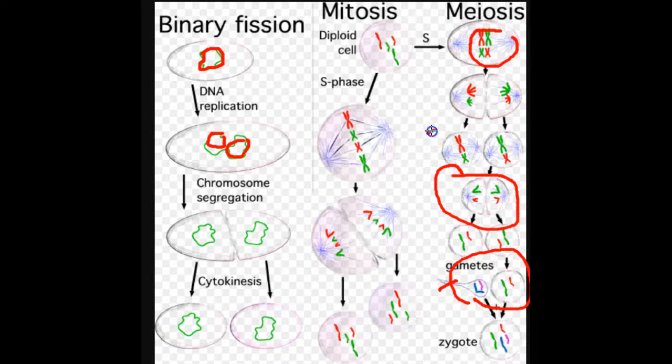Not the same thing as over here because these copies are not identical, okay? Then you have chromosome segregation. So various things are happening in the cell to pull this away. And then some other things are happening to actually reclose the cell membrane.